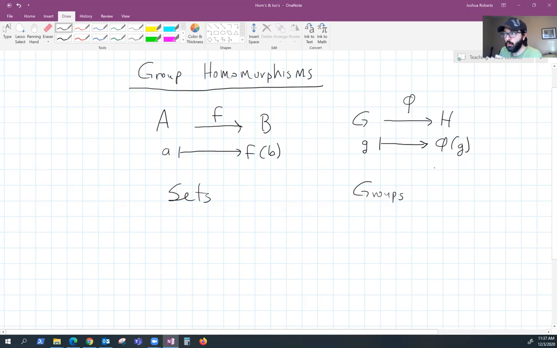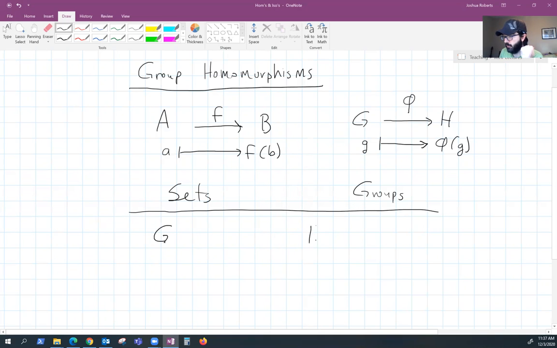The same way that a group is a set with something extra. And that extra is just the multiplication on the group that satisfies all the axioms: closure, associativity, inverses, and existence of an identity. So when we're dealing with a homomorphism, this is the general basic idea.